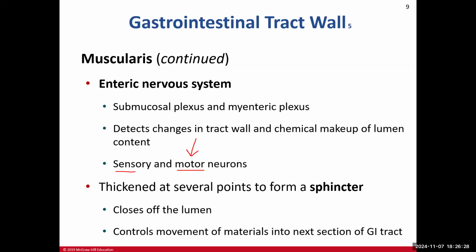For example, some of you may notice that sometimes if you have a pretty decent meal, not too long afterwards, you might have to go to the bathroom. That's because the autonomic reflex, those baroreceptors, have detected material entering into the stomach, which then eventually stimulates a hormone called cholecystokinin to move things from your small intestine into your large intestine. So we're going to go through all of these things.